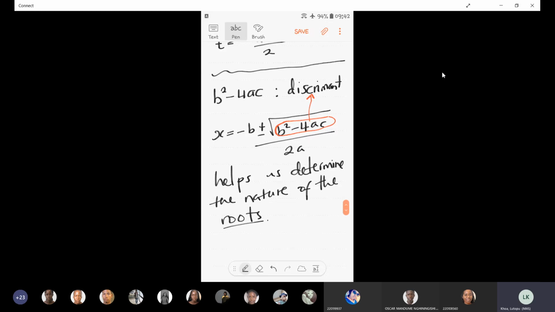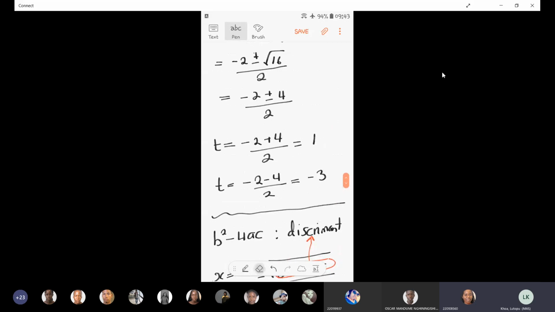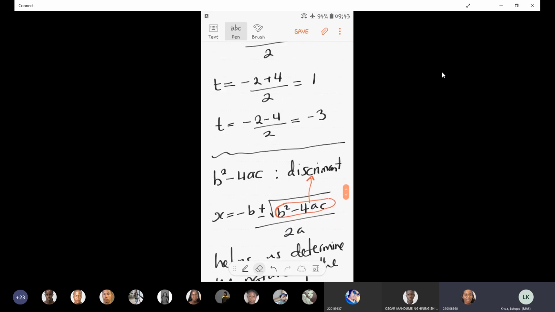Okay, so remember what we said the roots are. We said the solutions are sometimes also called the roots. So in this case here, we'll say 1 and minus 3. These are our roots. Okay, so the discriminant will tell us what kind of roots we have.